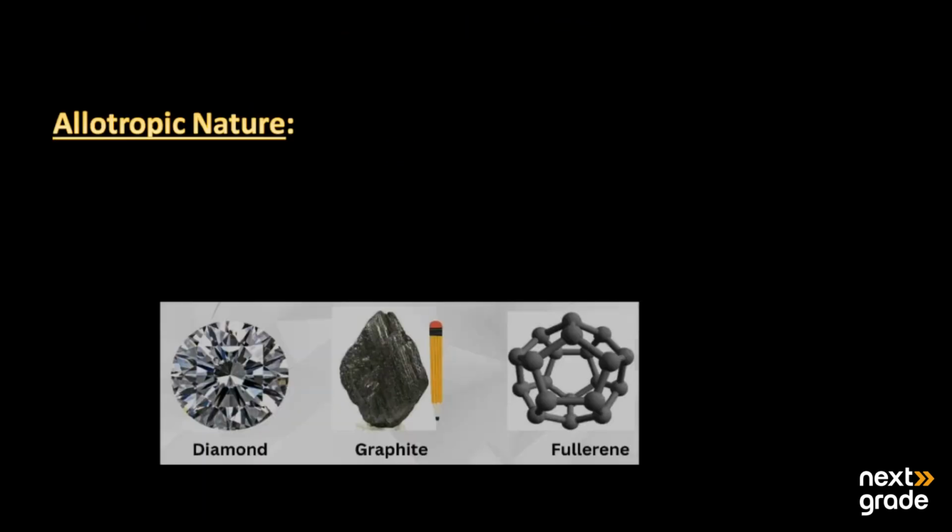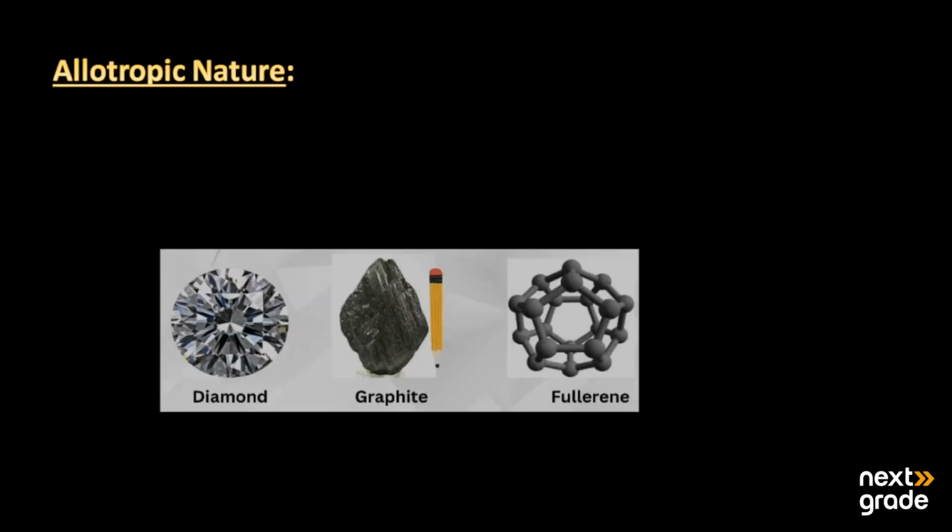After that, we have its allotropic nature. Allotropy is mainly the existence of an element in two or more different forms.